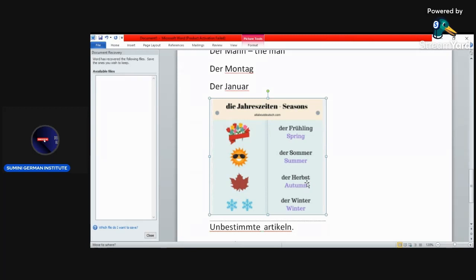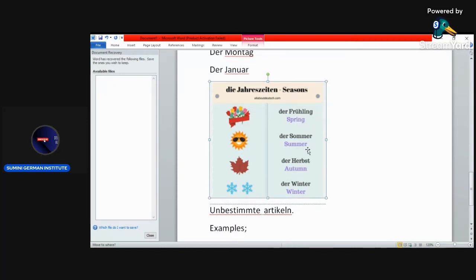But the seasons themselves, for example, spring, which is der Frühling, der Sommer, summer, der Herbst, autumn, der Winter.